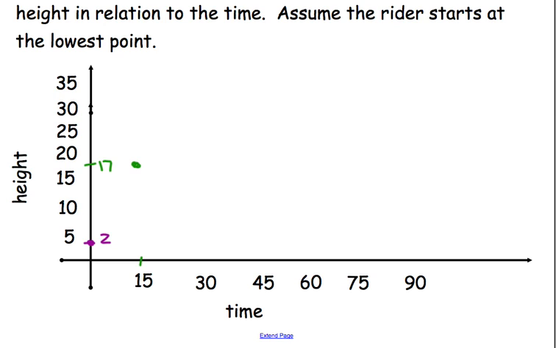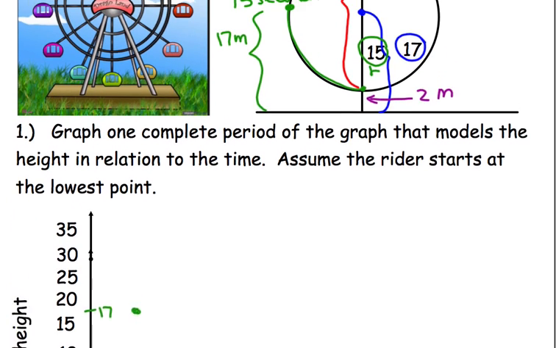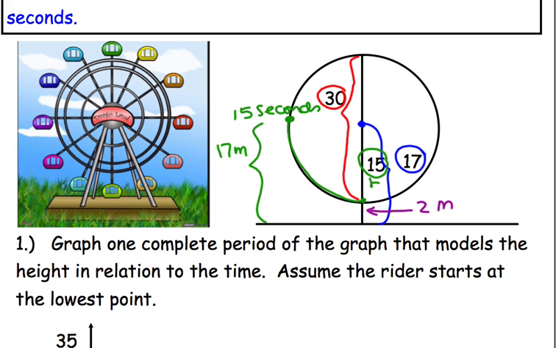Then, I go another 15 seconds. Where am I at now? Now you're at the top. So now at 30 seconds, you're at the top. How far am I off the ground? 30 feet? 32 feet.